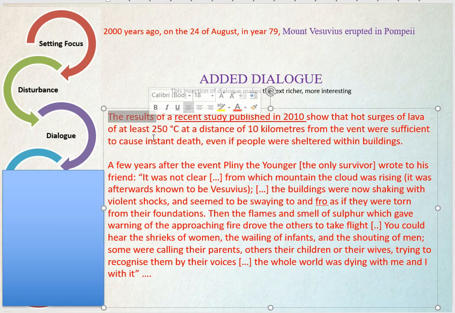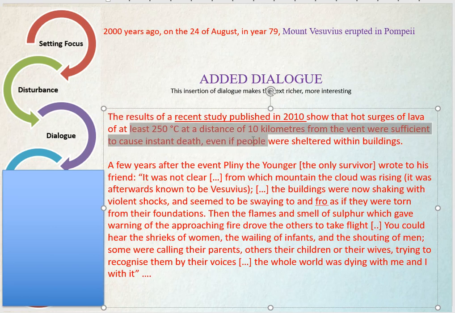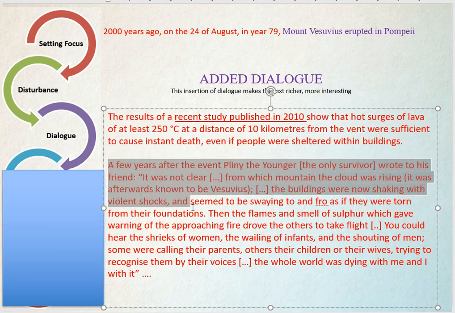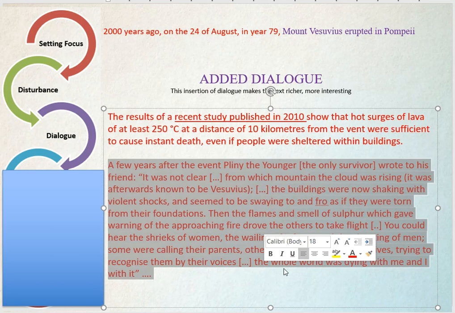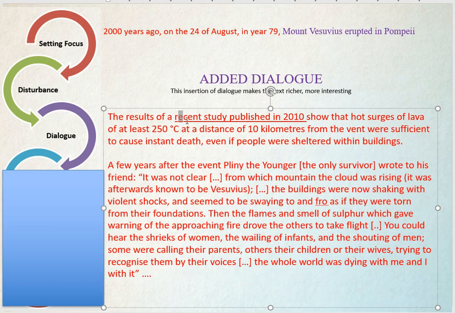So here she says, look how horrific it was, and this is why all of this happened, right? Let's read. So here we signal how devastating the eruption was.